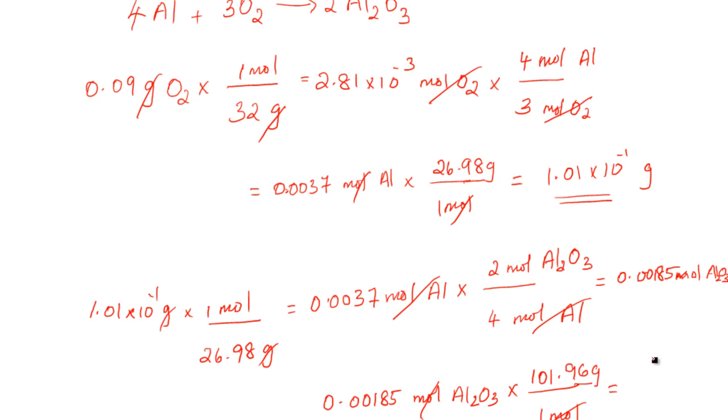So what is the mass of Al2O3 that can be produced? Okay, let us, grams, yes.